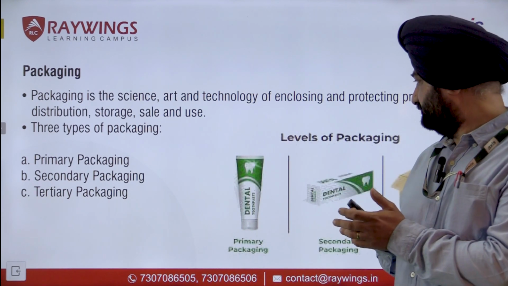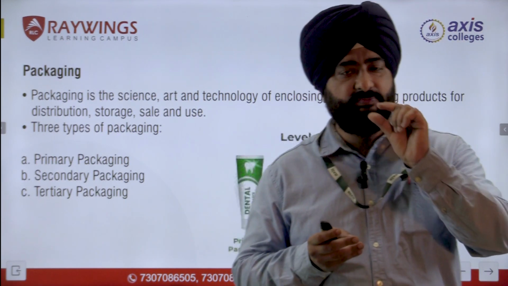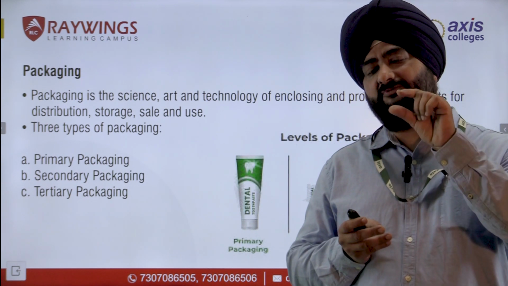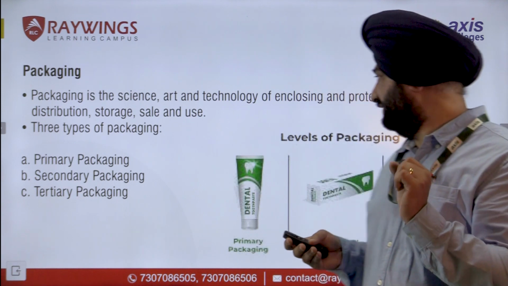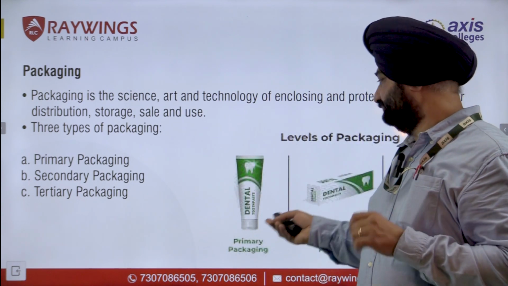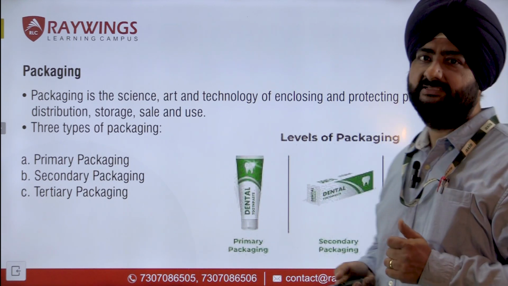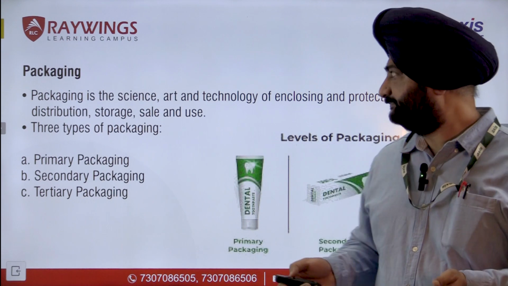As this diagram shows, it is a tube of dental toothpaste. So the toothpaste comes in direct contact with that type of packing, which is called primary packing. And then we have secondary packing, and then we have tertiary packing. It is also called transporting packing or carton packing.